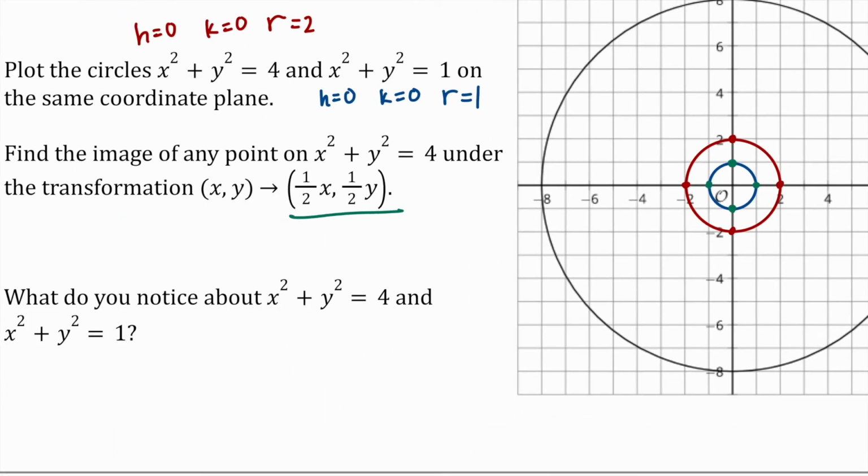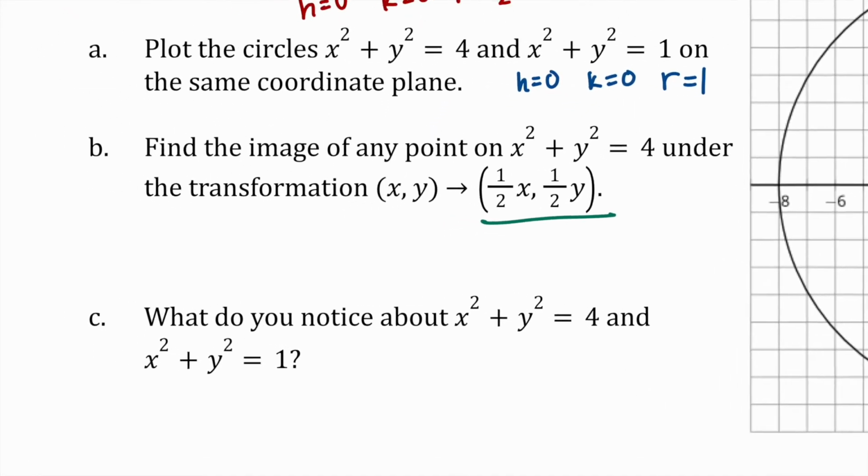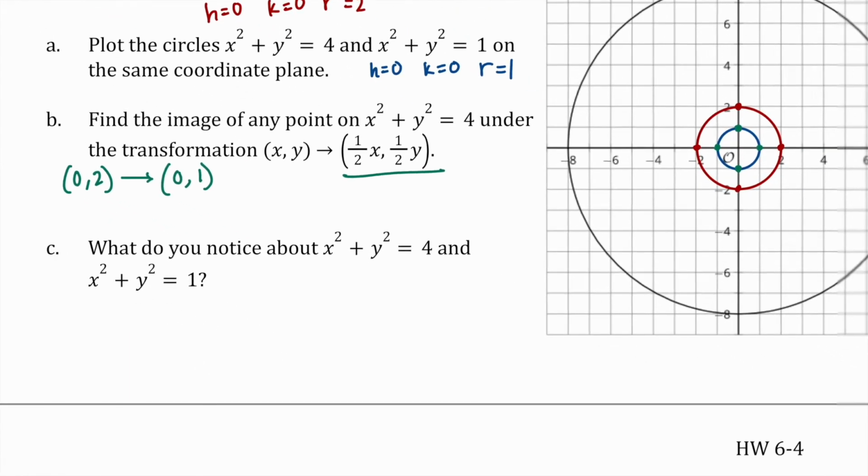So I will actually write out a transformation here of 0, comma 2. That's going to become, in the image, 0, comma 1. What do you notice about the two? They are a dilation of each other.